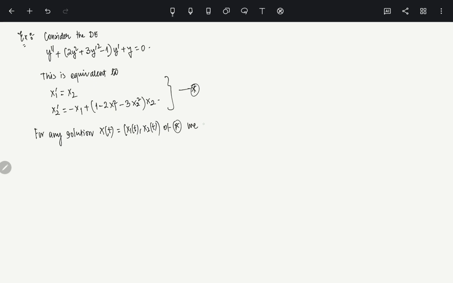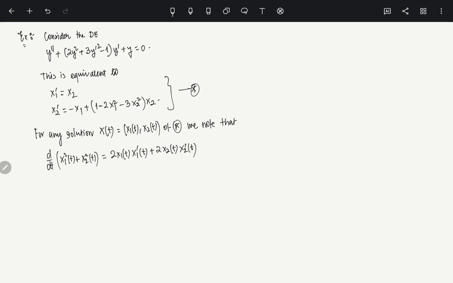We note that, this is very easy to see, that d/dt of x1 square t plus x2 square t is nothing but 2 x1 of t x1 prime of t plus 2 x2 of t x2 prime of t.